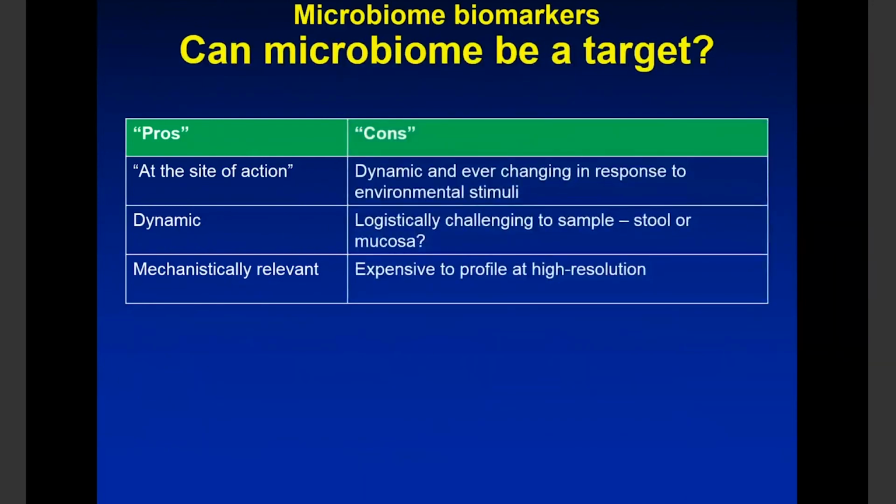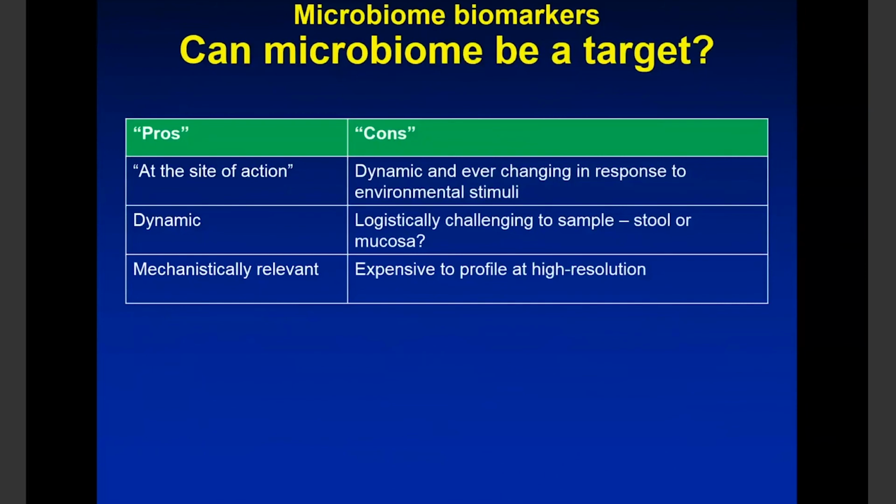But at the same time, there are some important cons. The microbiome is dynamic and ever-changing in response to environmental stimuli, and so the timing and assessment of these covariates is important in interpreting the microbiome, which makes it logistically more challenging than other biomarkers.